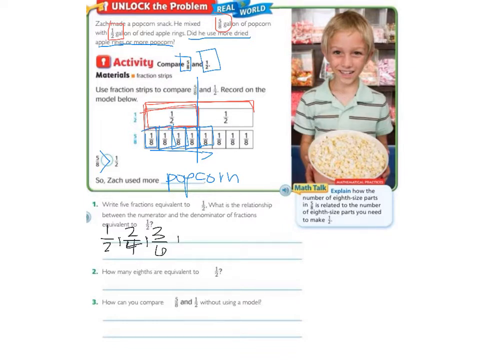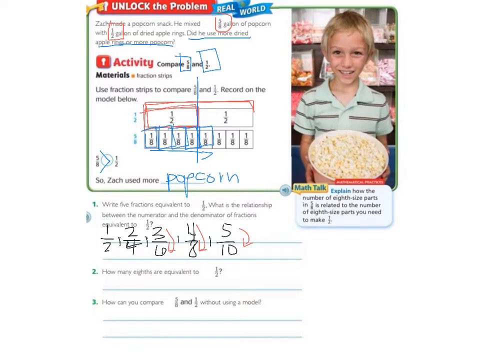I could write that as 4/8. I could also write it as 5/10. And what we notice about all of these is that the numerator is half of whatever the denominator is. 5 is half of 10. 4 is half of 8. 3 is half of 6.